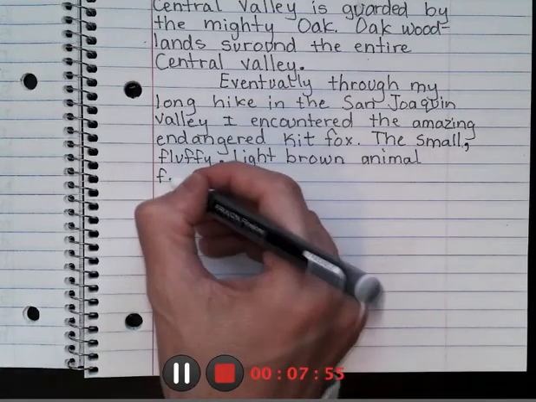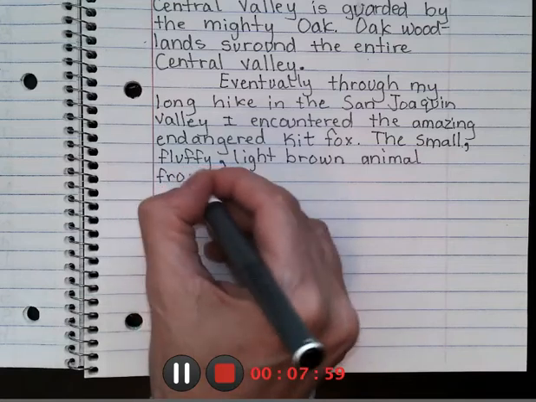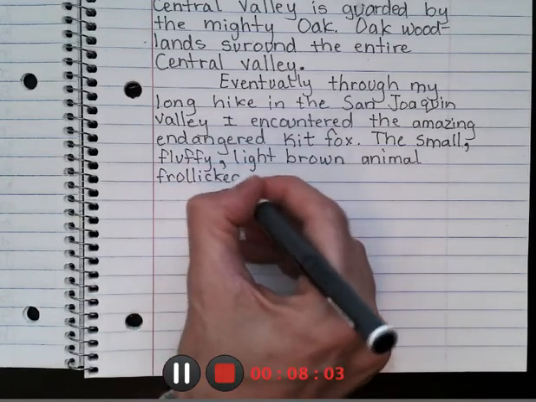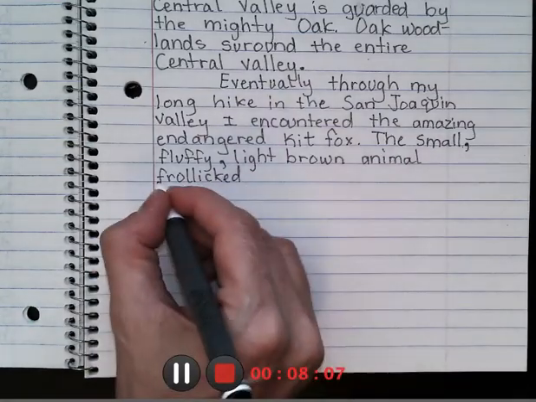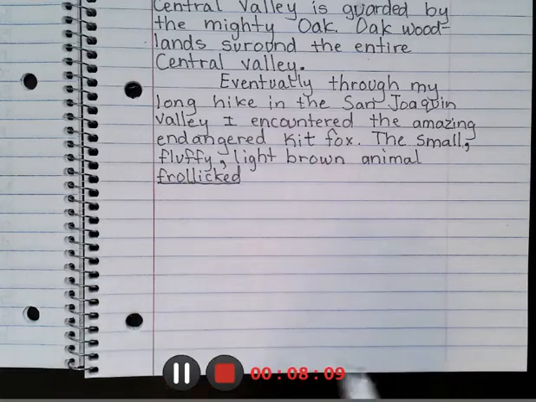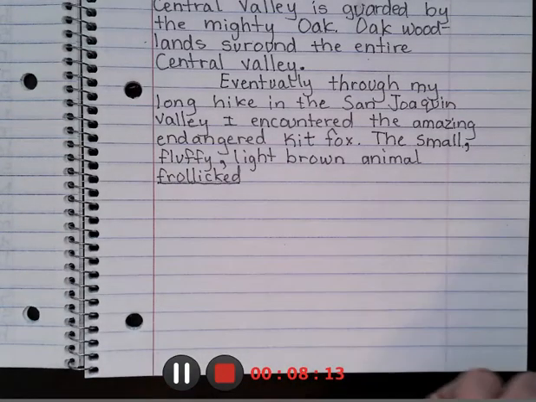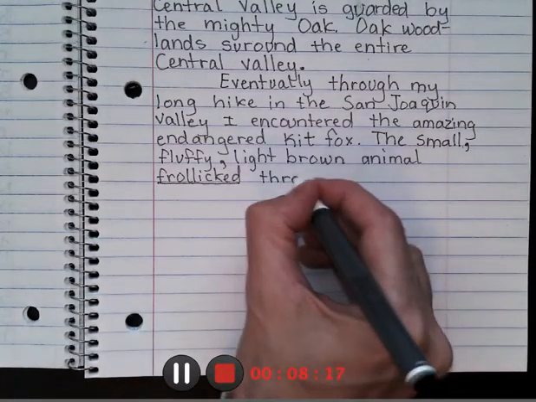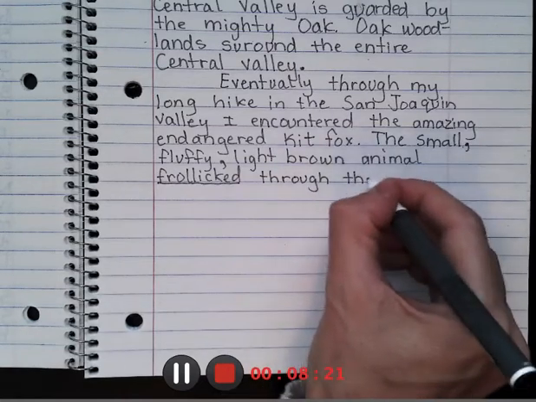It jumped, it hopped, it frolicked. Probably misspelled that, but guess what? I may just underline it so I remember to go back, check it, and fix it later. Through the tall grass.